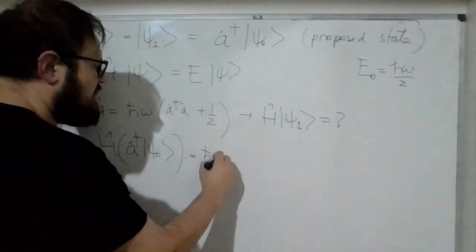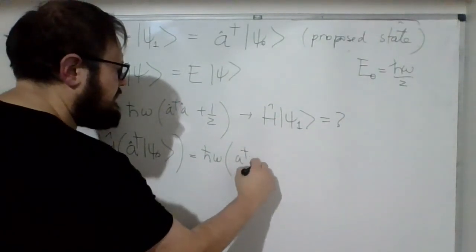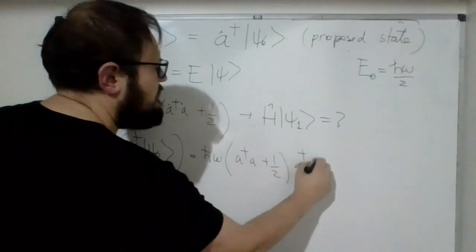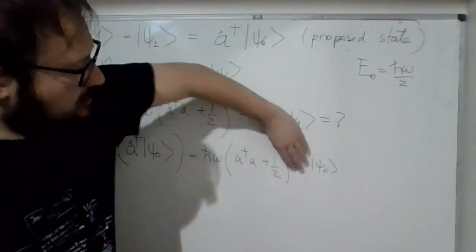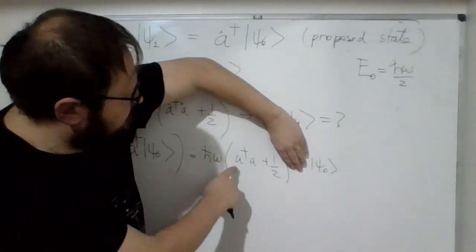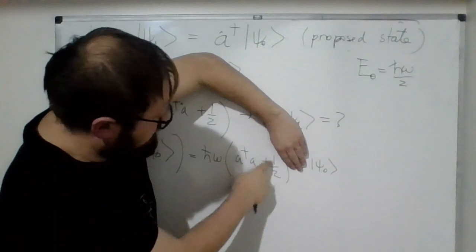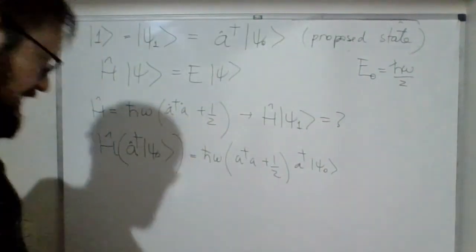We'll have h bar omega, a dagger a plus 1/2, times a dagger psi naught. If we applied it without this operator, we'd produce this thing applied to that 0, and this thing, h bar omega over 2, is just the energy of the fundamental state.